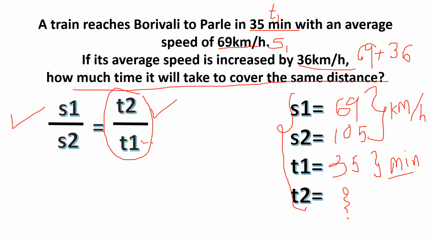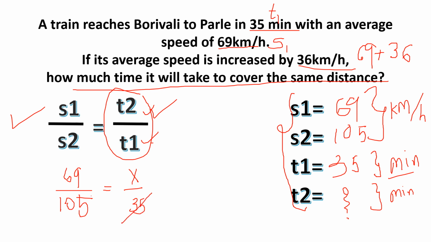So T1 and T2 both would be in minutes, so my answer would come in minutes. Now it is very simple. Keep S1 69, S2 105, T2 question mark, that is x, and T1 35.